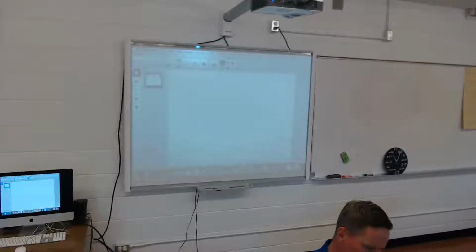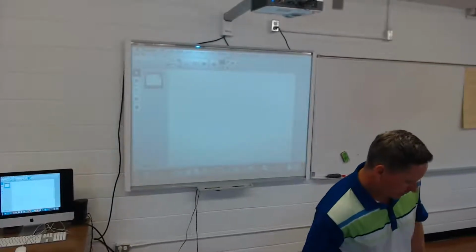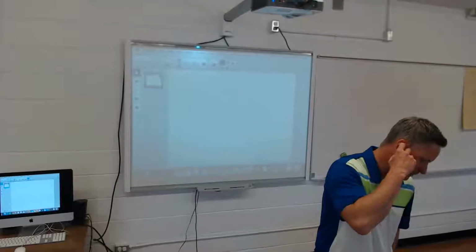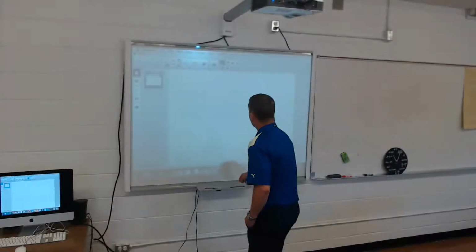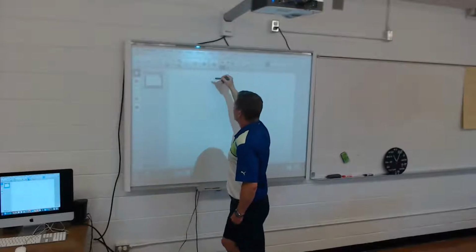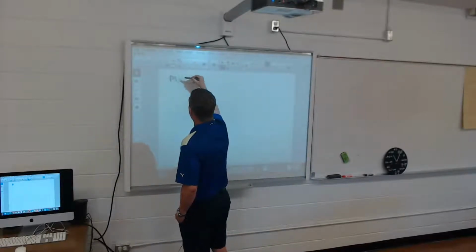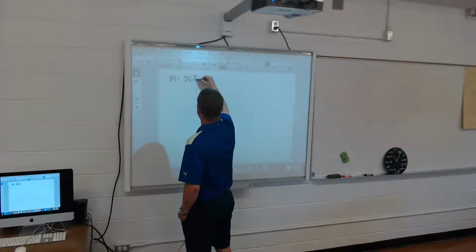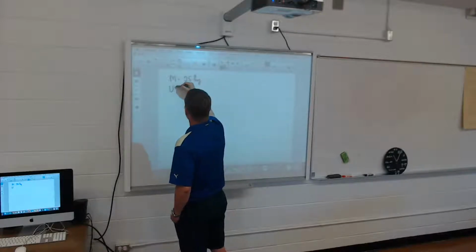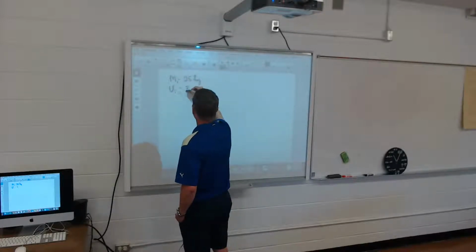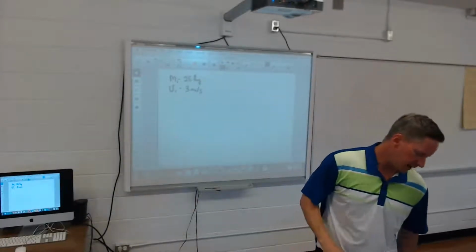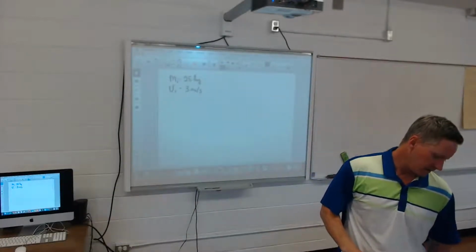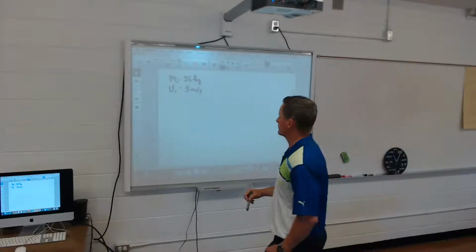Yeah, sure thing. Okay, a 25 kilogram object moving with a velocity of 3 meters per second to the right. I'll make right positive, so 3 meters per second to the right, collides with a 15 kilogram object moving to the left at 6 meters per second.